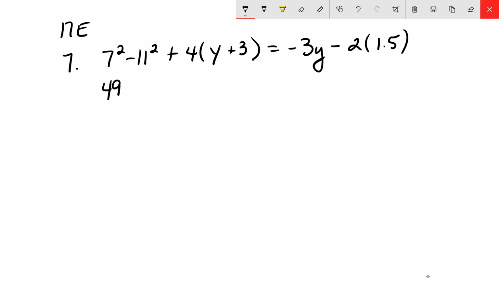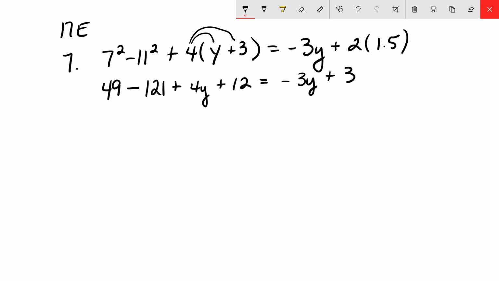All right, this negative 11 squared, the negative is going to come down because it's not in parentheses. So this is 121. All right, my plus sign is going to come down. My 4 will be multiplied by the y and by the 3, so I get plus 4y plus 12 equals, I have my negative 3y, all right, and then, oh, this isn't negative, this is positive. This 2 times 1.5 is going to be 3.